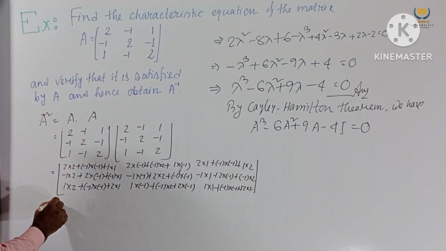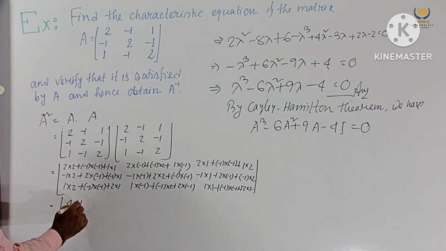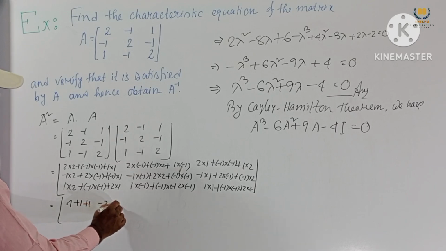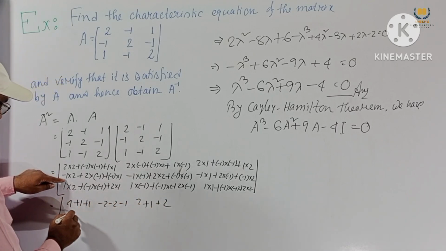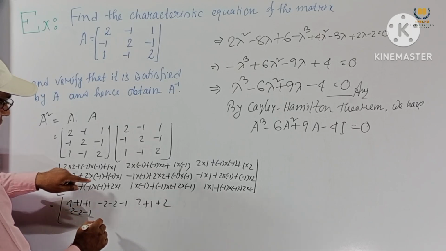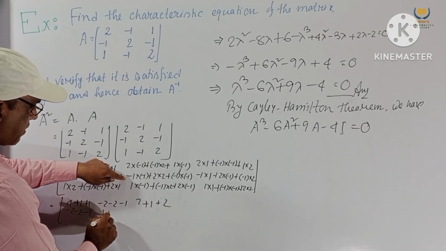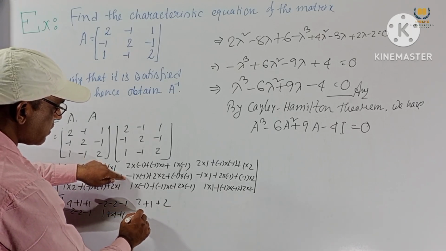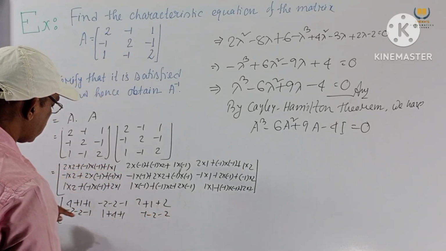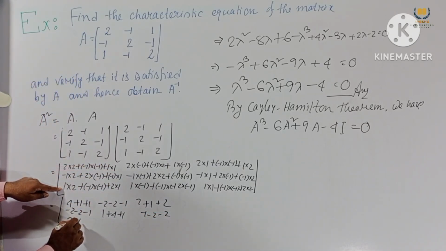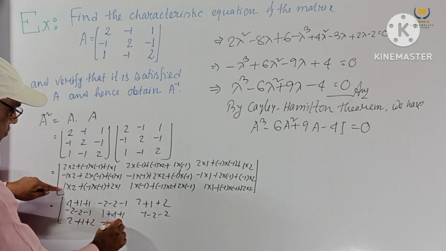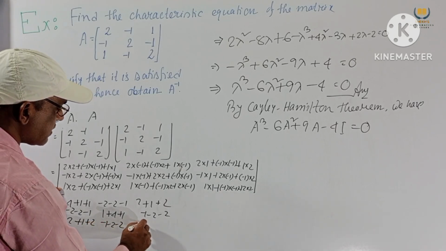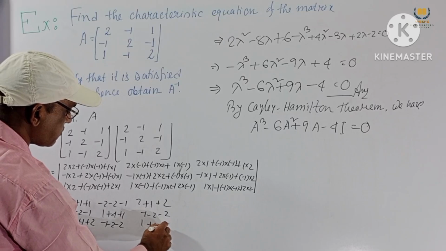So this is 4 plus 1 plus 1, minus 2 minus 2 minus 1, 2 plus 1 plus 2. This is minus 2 minus 2 minus 1, and 1 plus 4 plus 1. This is minus 1 minus 2 minus 2, 2 plus 1 plus 2, minus 1 minus 2 minus 2, and this is 1 plus 1 plus 4.